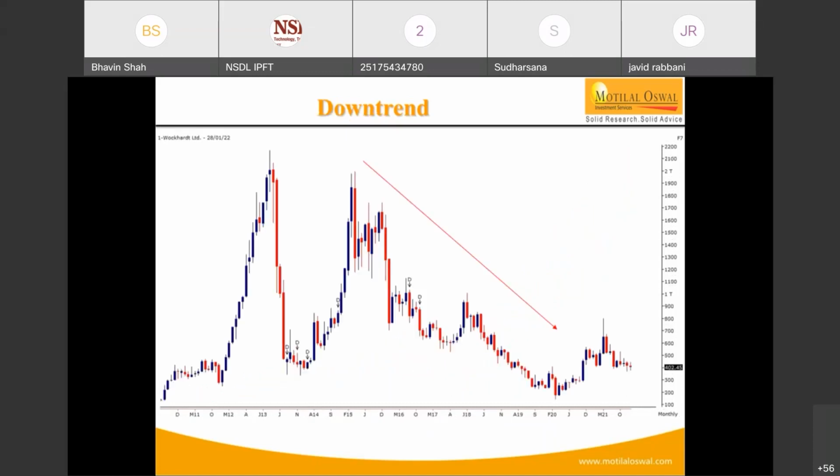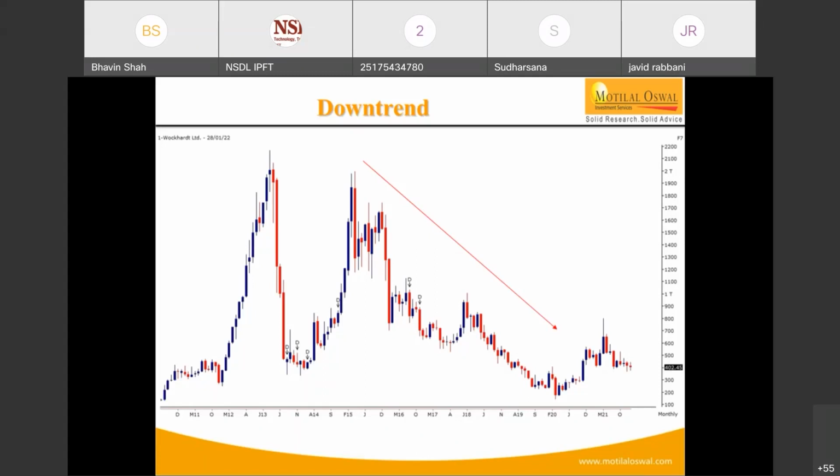Second thing is the downtrend. Now the downtrend, if we look at Walcott, since 2015, after the 2015 high, it's consistently moving lower for 5 to 7 years. It has actually done nothing, and every rise has seen a negative implication and selling pressure, and the stock kept on moving lower.